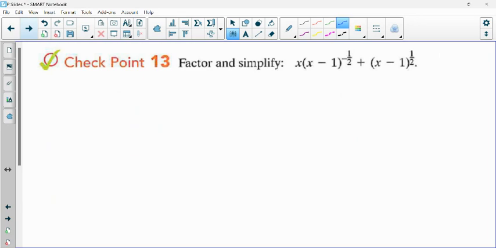So they both have x minus 1 as the base, right? Which is the smaller exponent? Negative 1/2 or positive 1/2? Negative 1/2. So I have to pull out x minus 1 to the negative 1/2 power.